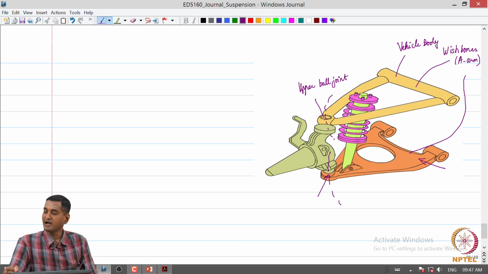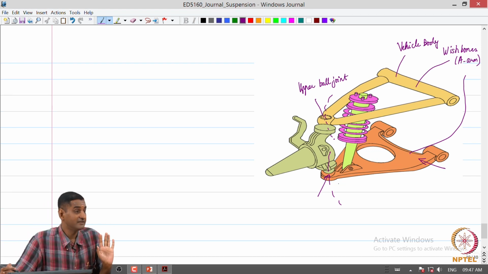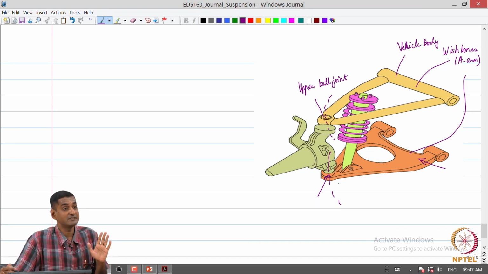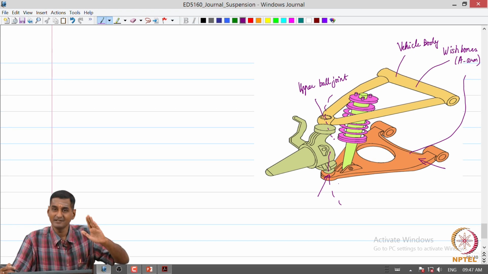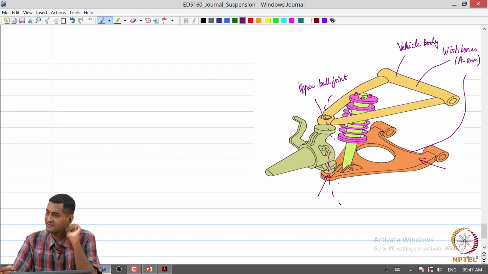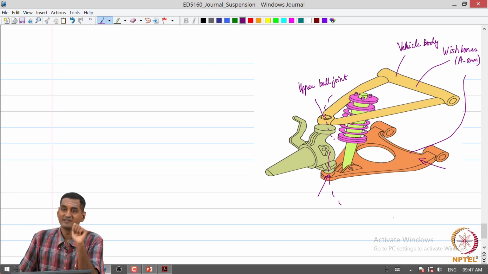Let us say the upper wishbone's arm length is smaller than the lower wishbone. So, this point will travel on an arc of smaller radius than the bottom arc, is not it? Then we will immediately see that it will naturally introduce a negative camber, which is good for handling performance.